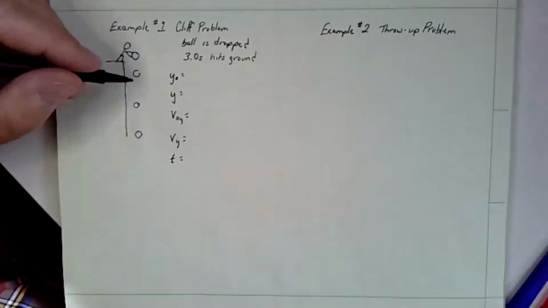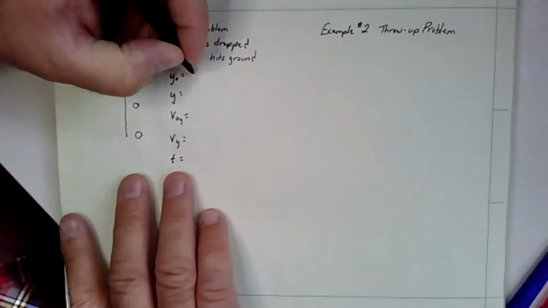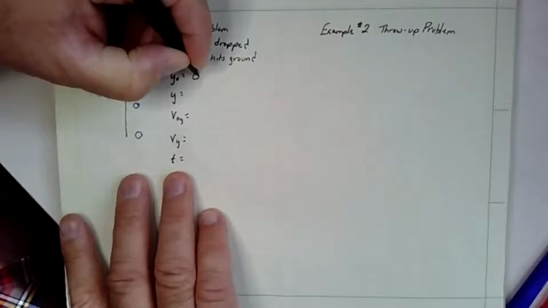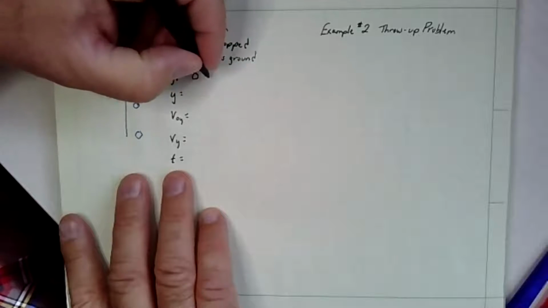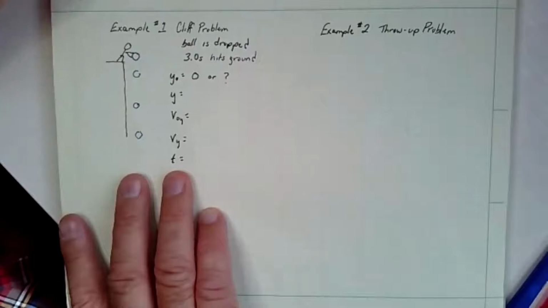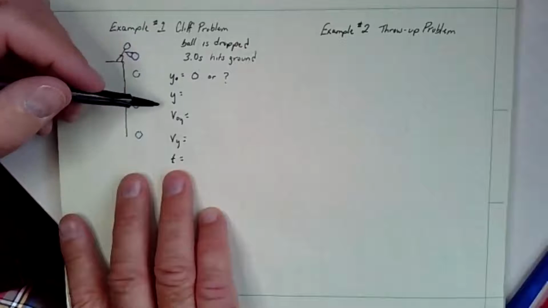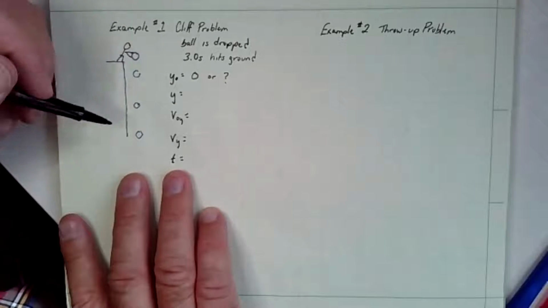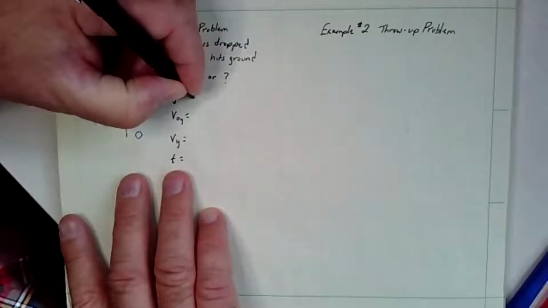Now, the initial height, we could say is 0. Or we could claim that that's what we're looking for. And so if we claim that the initial height is 0, then the y part, which would be the height of the cliff, that would be what we're looking for.